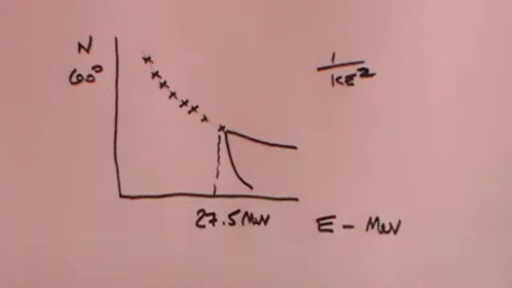And the conclusion was that when you get to 27.5 MeV, the alpha particle has got enough energy to penetrate the nucleus. Beforehand, it was getting stopped before it got to the nucleus by the repulsive Coulomb force. But when the energy is sufficiently great, the Coulomb force can't stop the alpha particle before it actually hits the nucleus and goes inside.